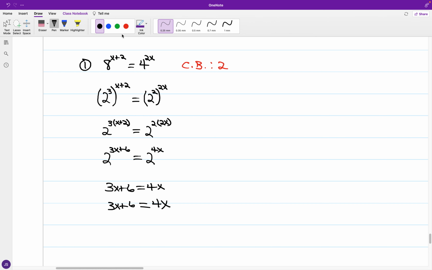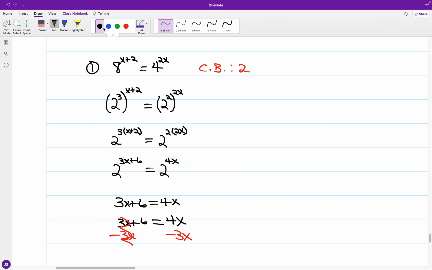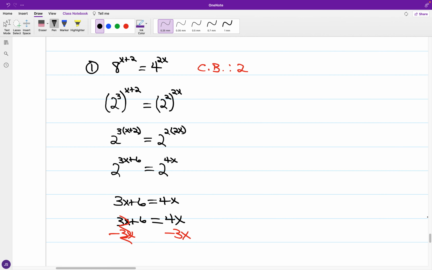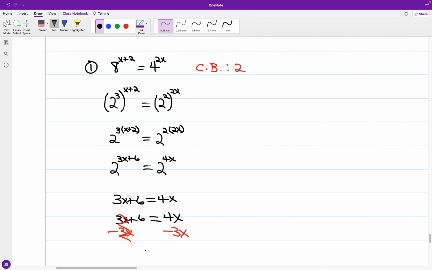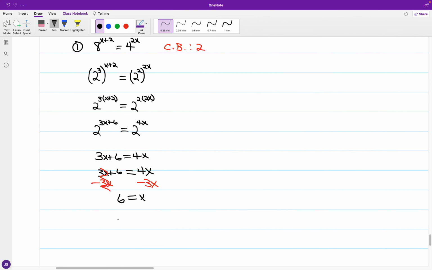So I have 4x by itself, and if I subtract 3x from both sides, we end up with the value of x as 6. And that would be the final result for this particular problem.